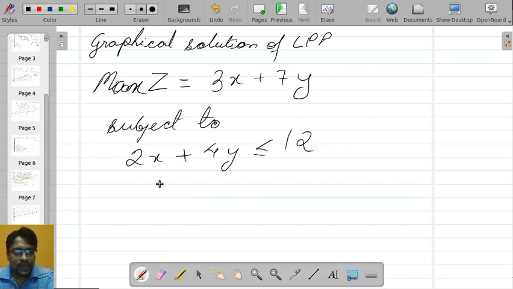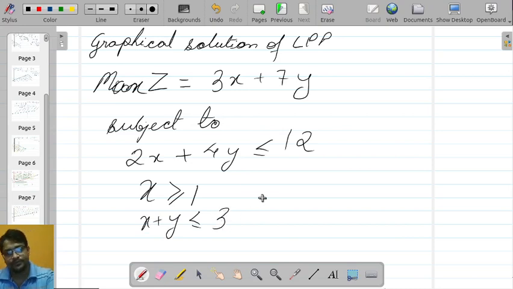Okay, then something like x greater than or equal to 1. Okay, and x plus y is less than or equal to 3. Okay, so let us see how we can plot the region which satisfies these constraints.